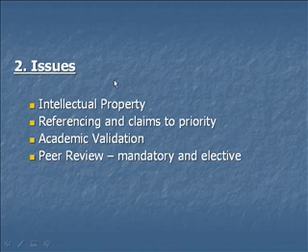I want to go over a couple of issues, and this is where I'm asking you to think as I'm talking. If you perceive some additional issues, I'd love to incorporate them on the wiki for this page. Intellectual property is one that always comes up. The way that we handle it is we just avoid it.